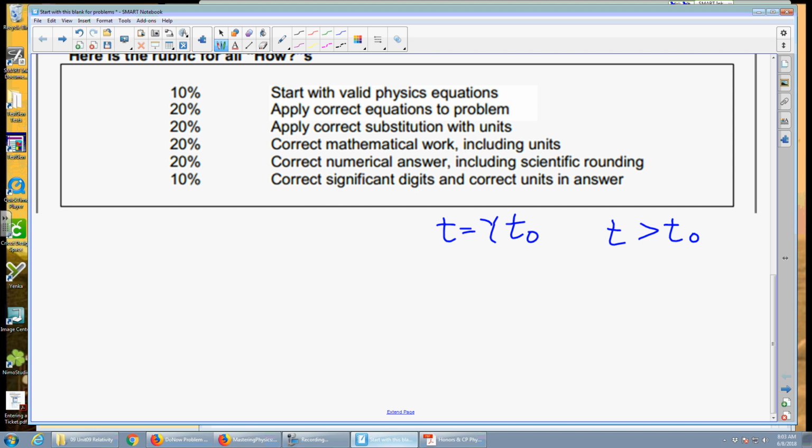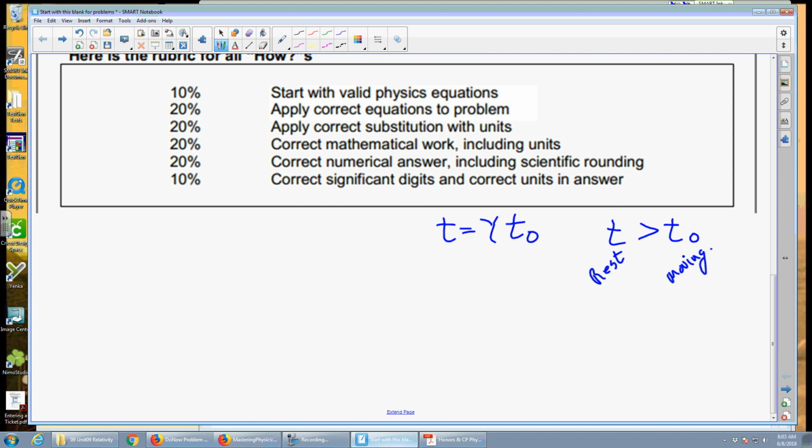And so that allows us to say, oh, wait a minute, if T is greater than T naught, which frame of reference experiences more time? The one at rest or the one moving? The one at rest. So T must be at rest, and T naught must be moving in this case.